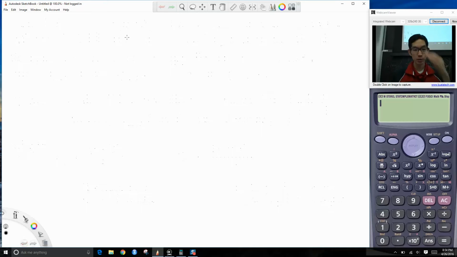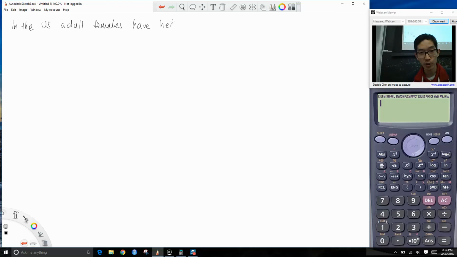All right, and so we could say something like in the US, adult females have heights that follow the normal distribution.